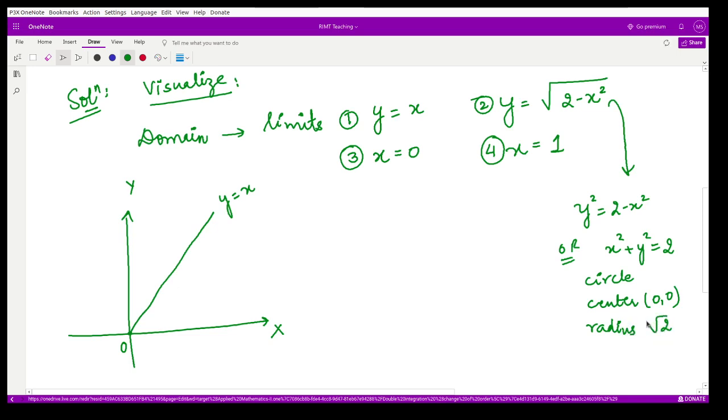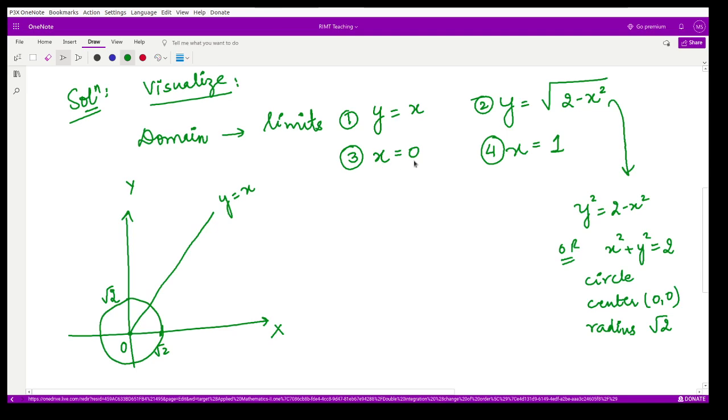So we can draw the circle having center at 0 0, and square root 2 is somewhere here. So our circle would be something like this, right?